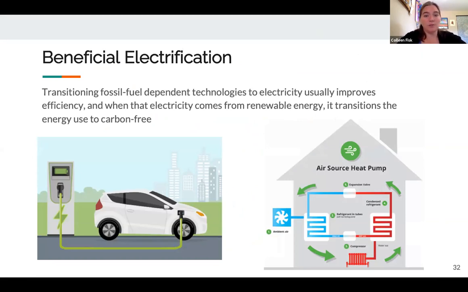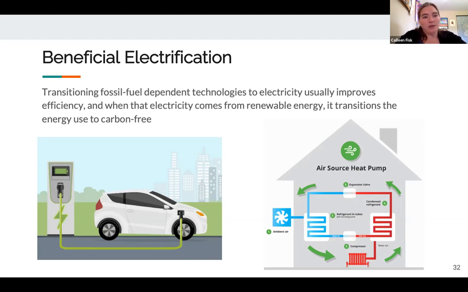Remember that efficiency from vehicles: even though our electricity efficiency is not great, it's still more efficient than an internal combustion engine. So it tends to be more efficient even if you're getting it from a non-renewable source. And if you do get it from a renewable source, then it transitions to carbon free.